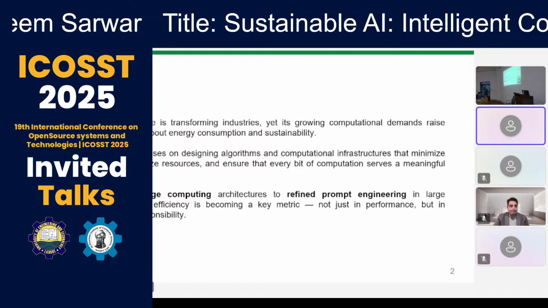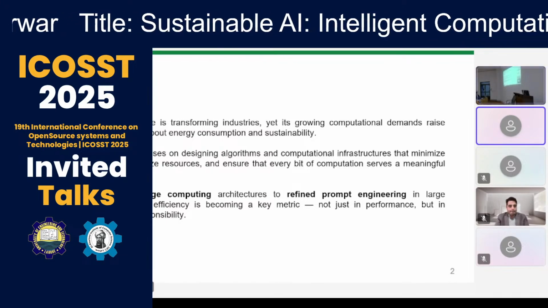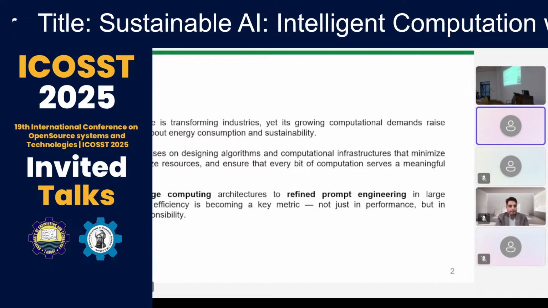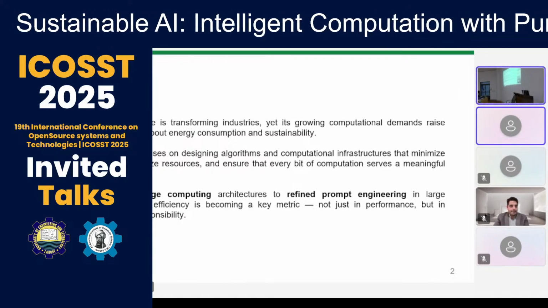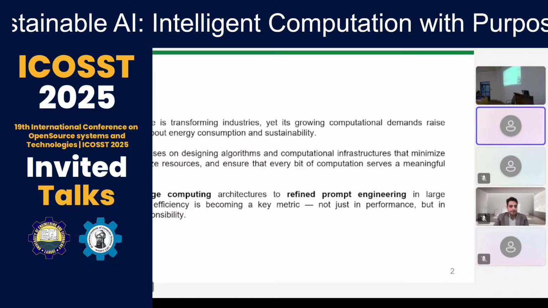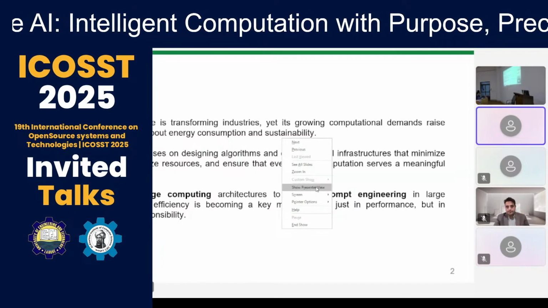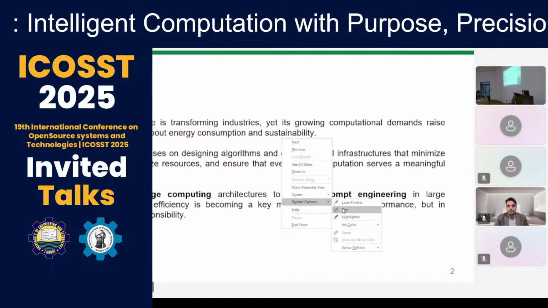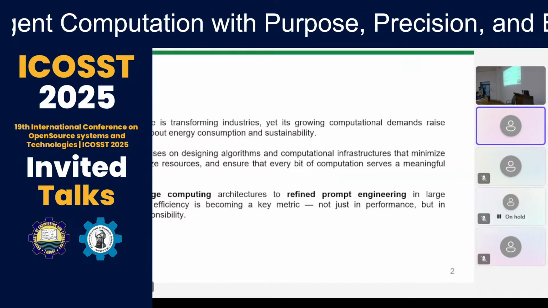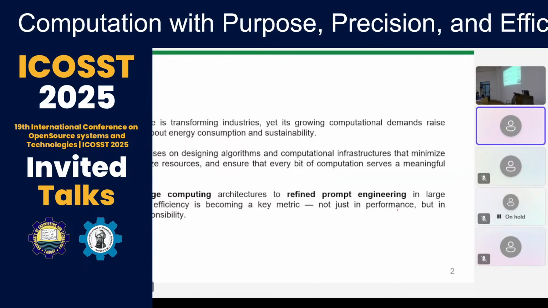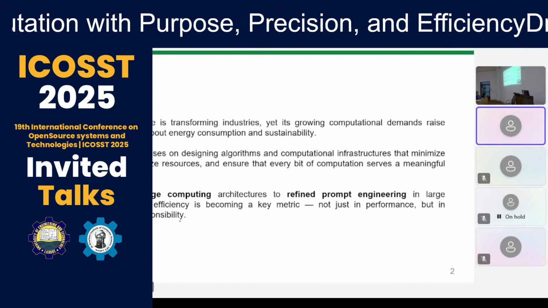From cloud to edge computing architectures to prompt engineering in large language models, efficiency is becoming a key metric, not just for performance but for environmental responsibility. In light of these points, the main focus of my presentation is model performance and environmental responsibility.